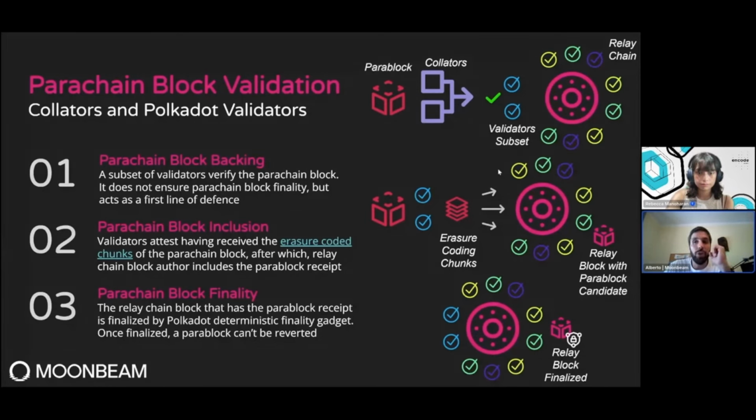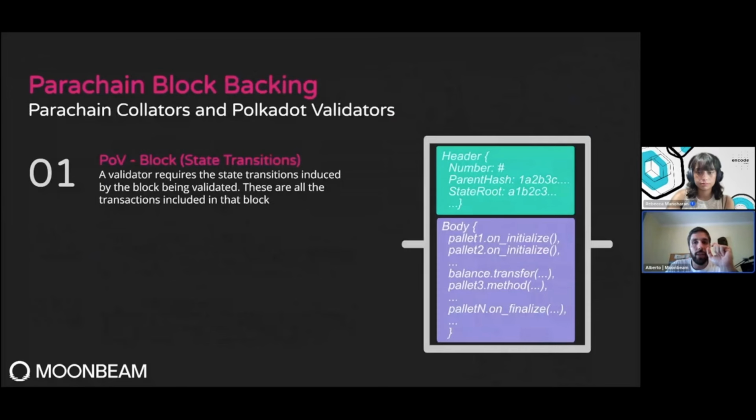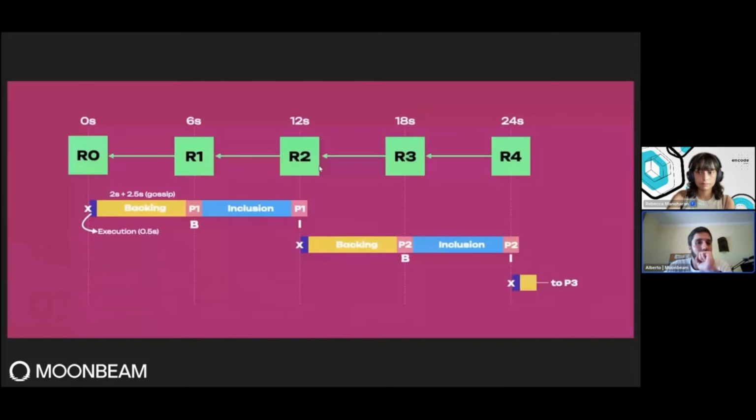And so these two things cannot happen within the same relay chain block. They have to happen in different relay chain blocks. So if we go back to the diagram, you have the backing of the parachain block, which is the verification by a subset of validators.